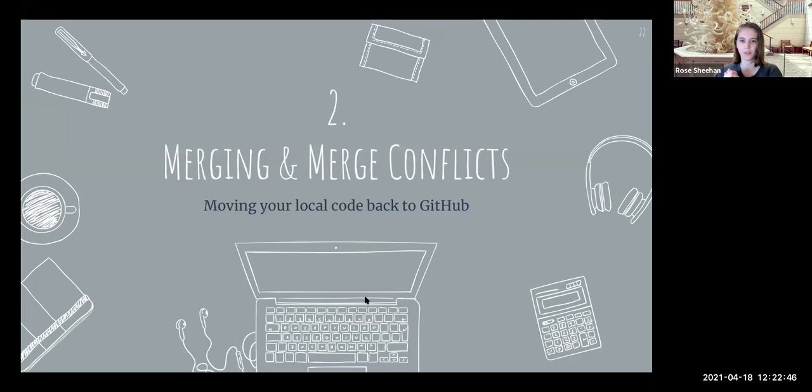But eventually Emily doesn't just want to have her game piece in her game piece branch. She's going to want to merge it onto main so that other people can use it. So we're going to talk about how you do that and what issues might arise.